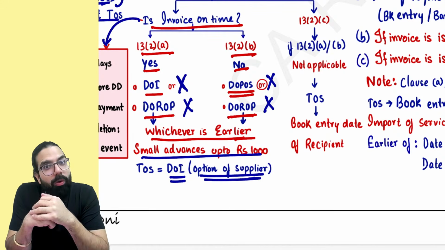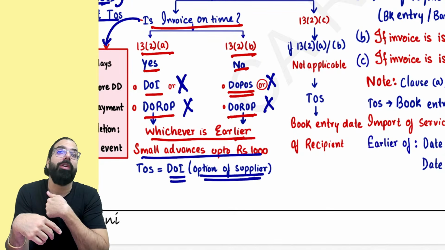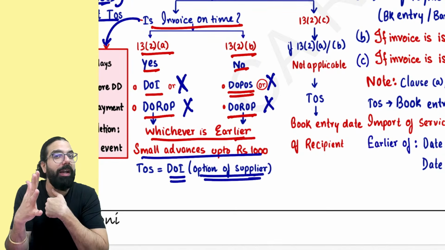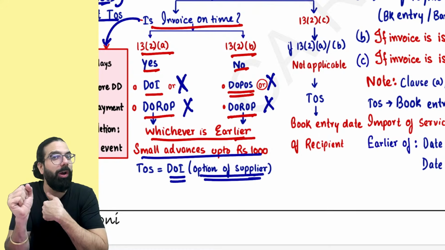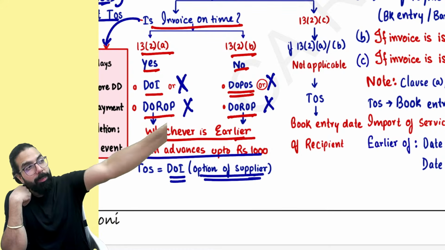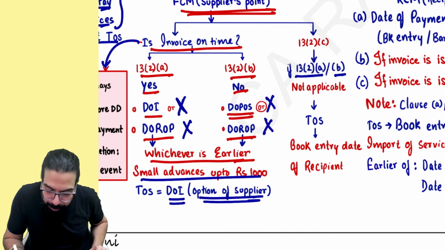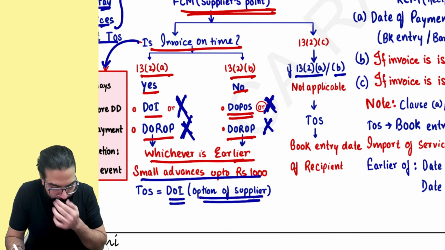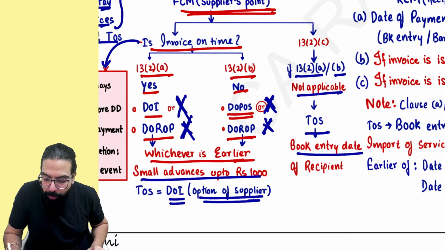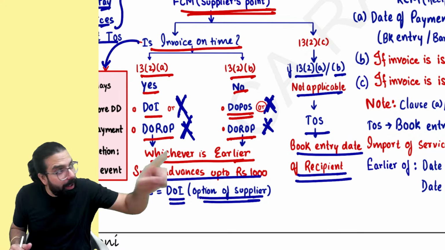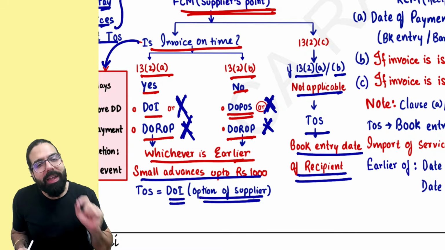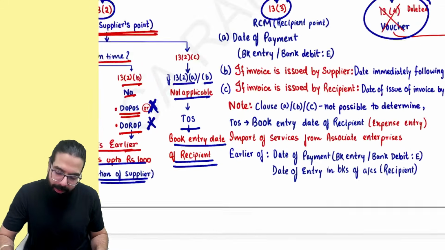In his books of account an audit happened and I can get caught, because in my books of account I did not make any entry. The supplier did not make any entry in his books of account. But the supplier's liability will be the recipient's books of account date. It says if 13(3)(a) and (b) are not applicable, all these dates are not available, then the time of supply is the book entry date of the recipient. The day the recipient made a book entry, that day is my liability date. This point is clear.